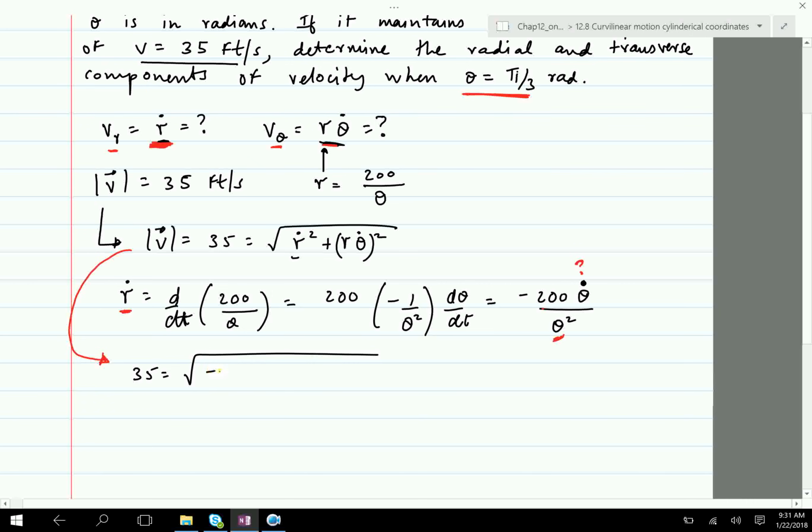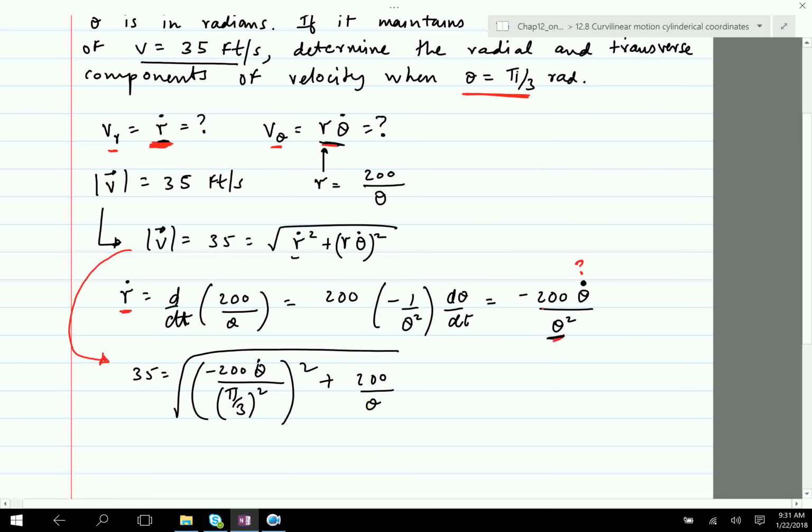R dot square is minus 200 divided by, I'm going to sub in the value for theta now, pi divided by 3 square times theta dot, the whole thing squared, plus r, which is 200 divided by theta, so theta is pi divided by 3, times theta dot squared. Okay, so if you look at this expression now, the only unknown is theta dot. I need to solve for theta dot.